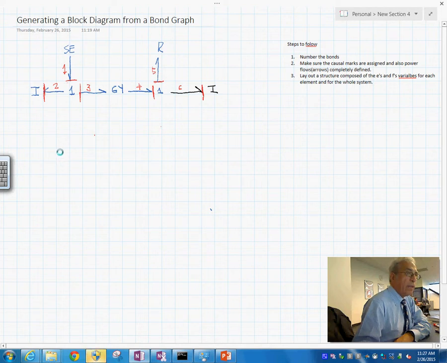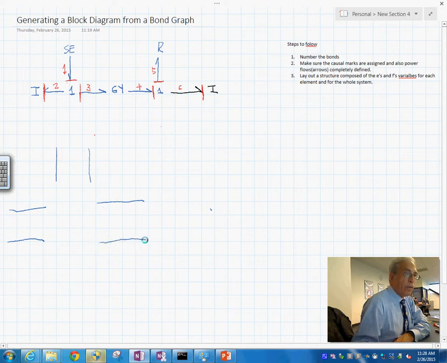Because we have 2 signals per each bond, it makes perfect sense that we create a second one over here like that for this bond. This bond over here would be our horizontal line, like this one.